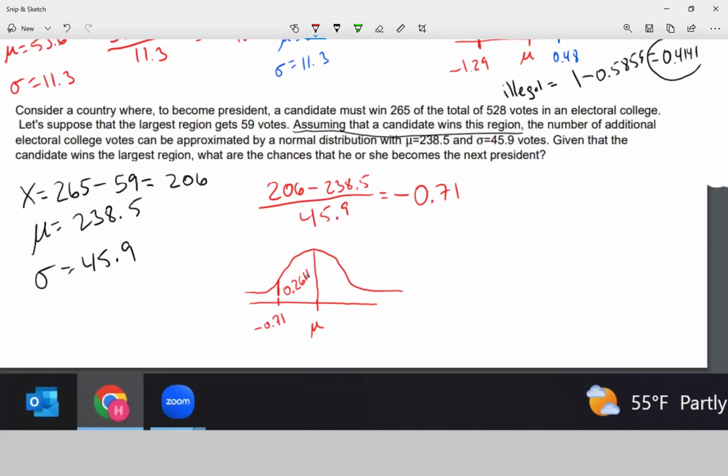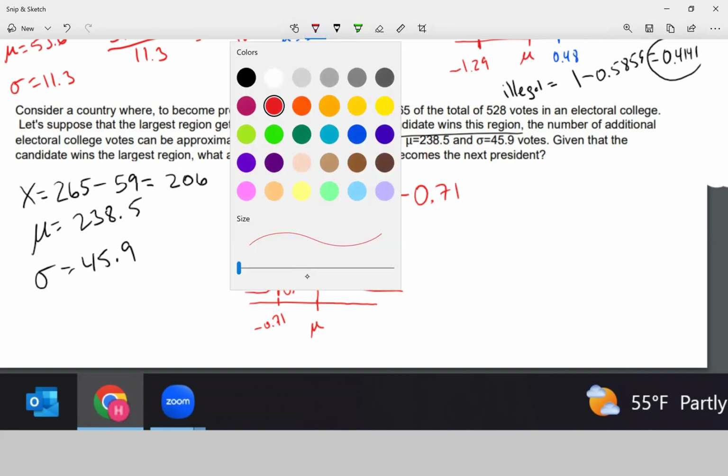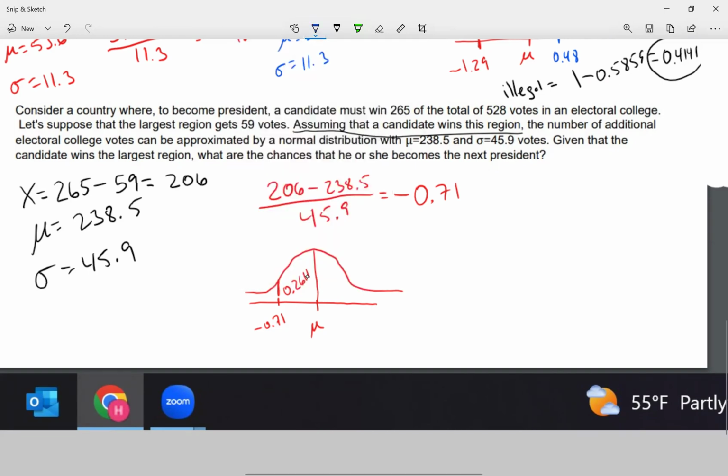Now there's a few areas here. From the mu all the way to the right, this is 0.5. This other space right here at the very, very end, I'm going to say it is 0.2389. How did I get that? Well, the whole area is 1 minus 0.5 minus 0.2611, and that gave me that area.